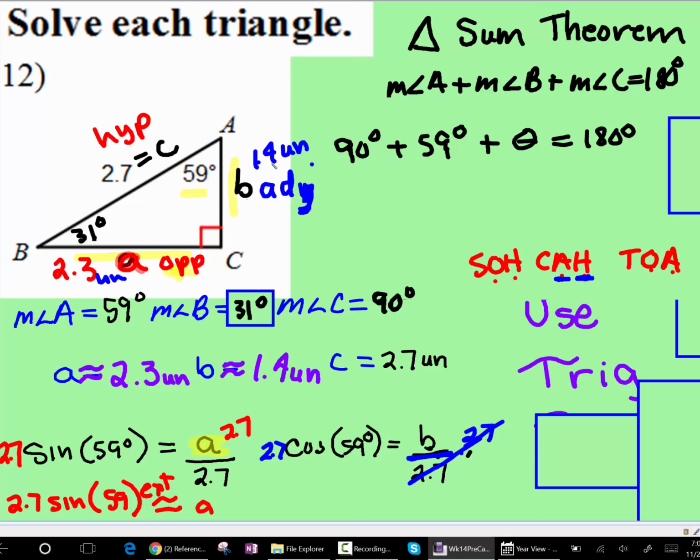I'm going to store that and then do second, the x squared button, which is square root. And it is 2.69, which rounds to 2.7. So it's always a good idea to check your work, but that's how you solve each triangle, using the triangle sum theorem and then using the trig ratios. All right, that's it for this one.